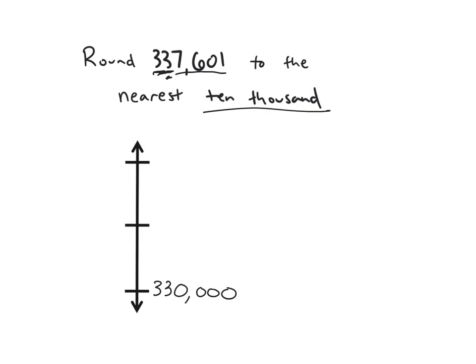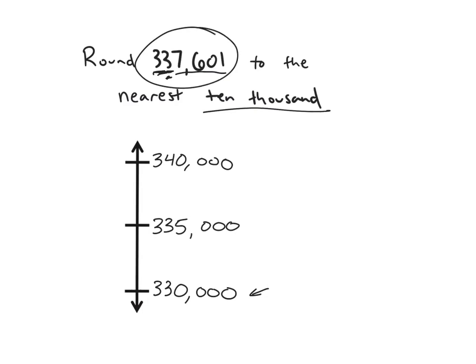And so if I added 10,000 to 33,000s, I'm going to get 34,000s, which is the same as 340,000. So the midpoint between the two would be 5,000 more than this bottom number. So I have 335,000 as my midpoint. So now I need to determine where this number falls on the number line to see if I'm going to round up or down.